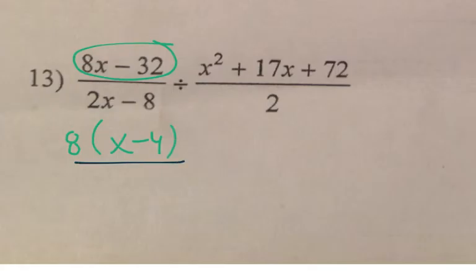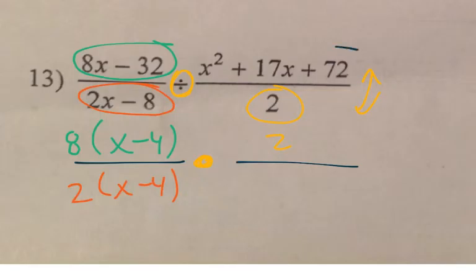Did you notice the 2x minus 8 both have a factor of 2 in them? Did you recognize the divide right there becomes a multiply if we do the reciprocal here? That means that 2 goes now in the numerator. And this, once we factor it, will flip down into the denominator.